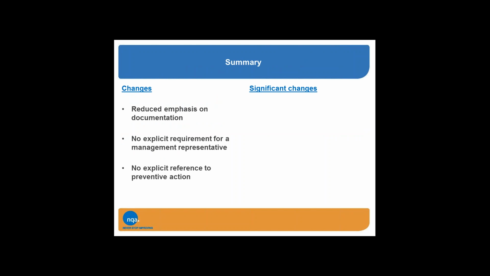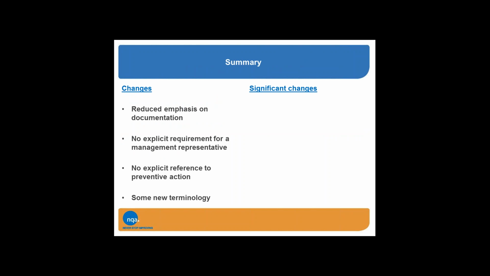Right. In summary, looking at 9001:2015, I think there are changes, and there are significant changes. The changes are reduced emphasis on documentation, no explicit requirement for a management rep, no explicit reference to preventive action, and we've got some new terminology.